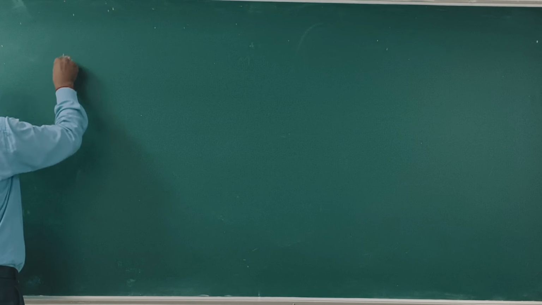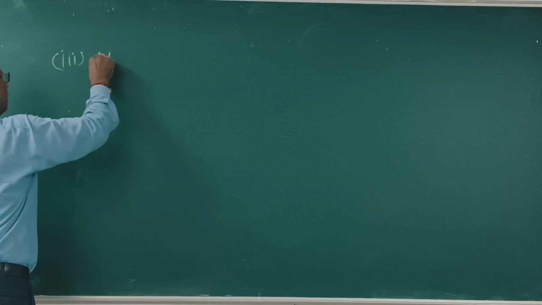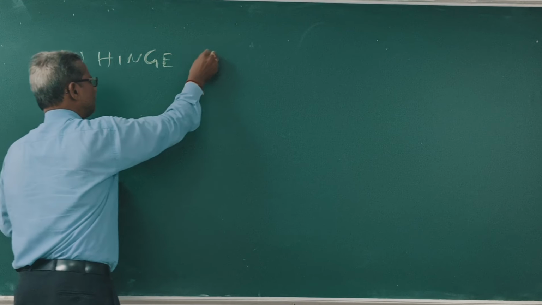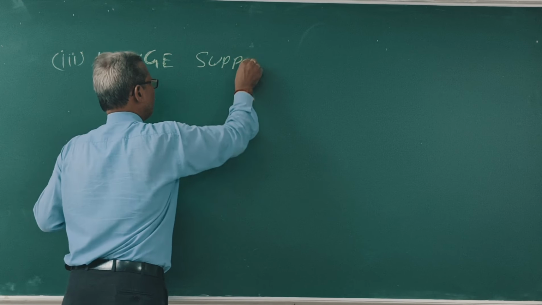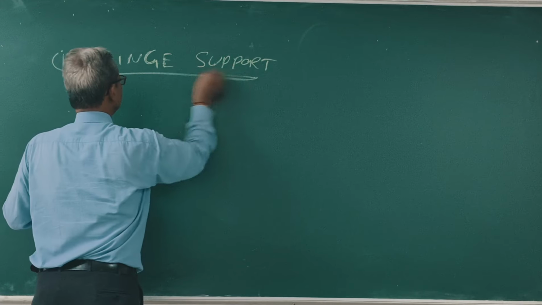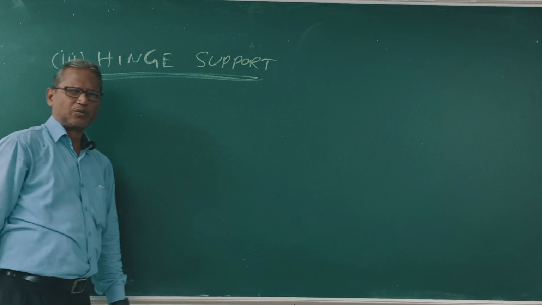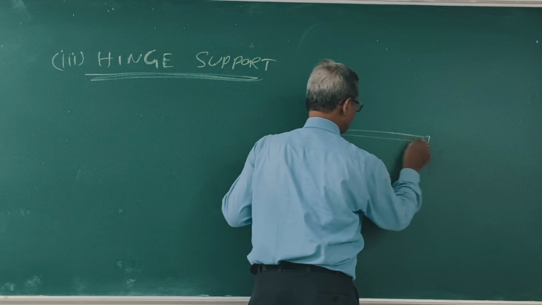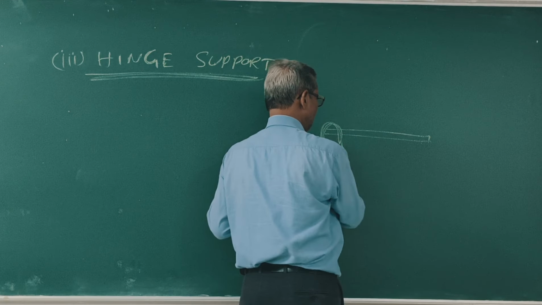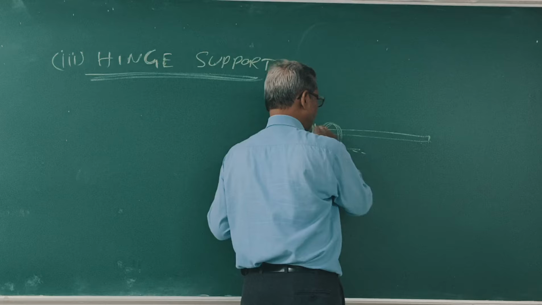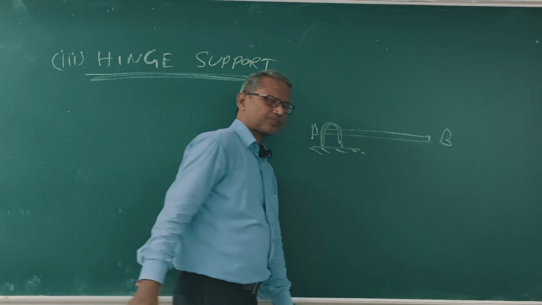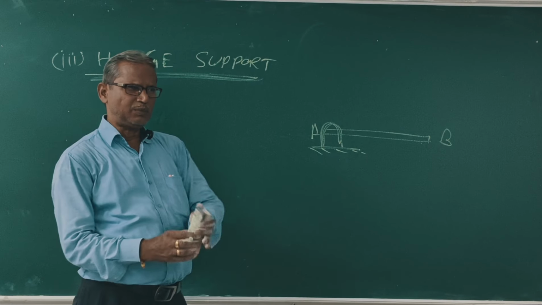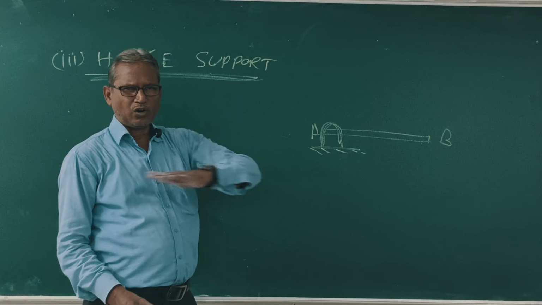Next, hinge support. This is hinge support, AB. In this case, the beam can rotate, not translate.